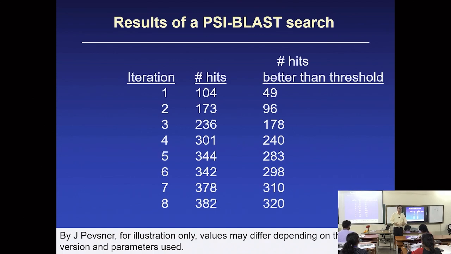So this way you are continually refining the matrix, continually changing the matrix as you are getting more and more members of the family that the query belongs to. Okay, at some point you will say that this process may have found all members of the family, so no new hits will be returned. Okay, but if it works, then it should have found not just close relatives but also distant relatives of the query sequence. Clear? Okay, let's see.